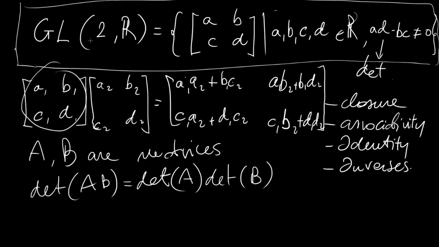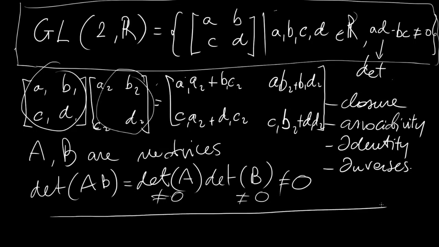This is in the set, so the determinant is not zero. This is in the set, so the determinant is not zero. This number is not zero, this is not zero, and this number is not zero. If you multiply them together, you get something that is not zero. So we have closure.